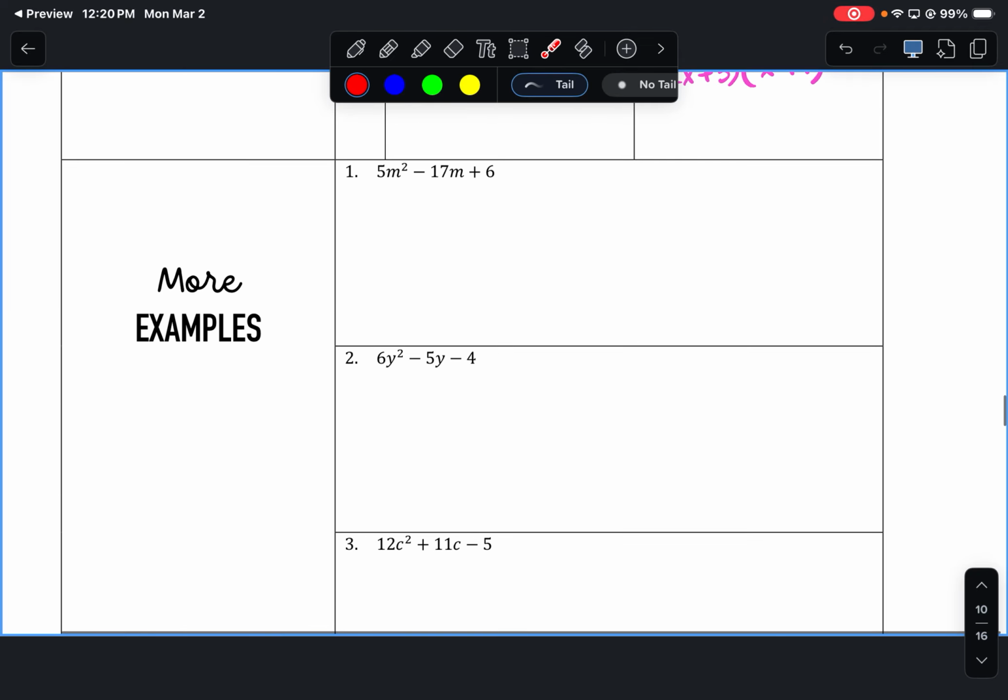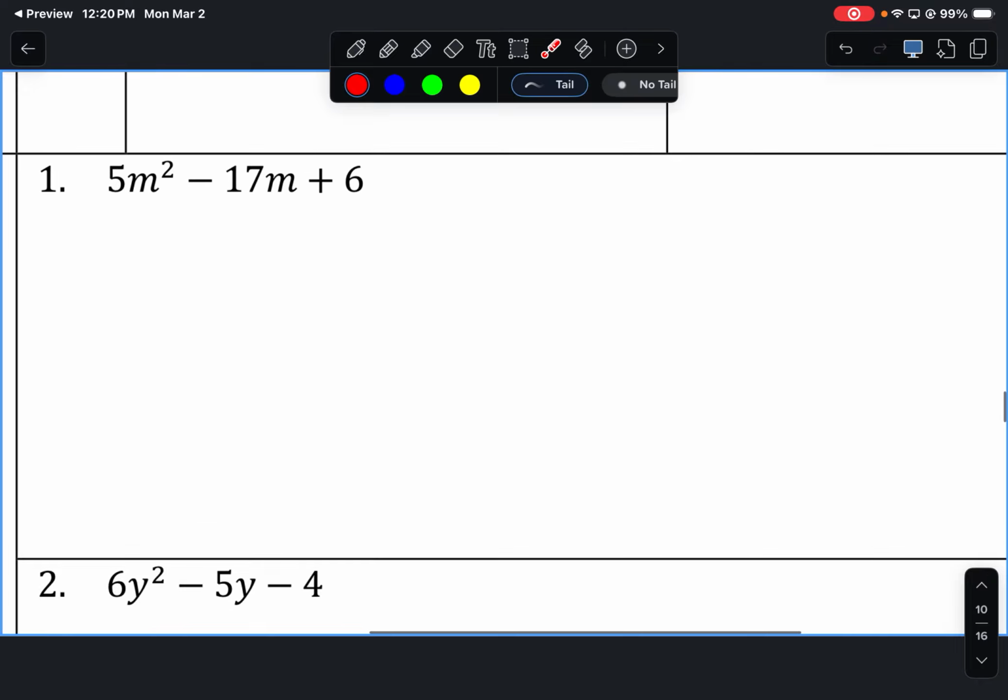So I want us to go ahead and look at question 1. First things first, let's label our A, B, and C. What is our A term? What is our B term? Negative 17. Okay, our C term?